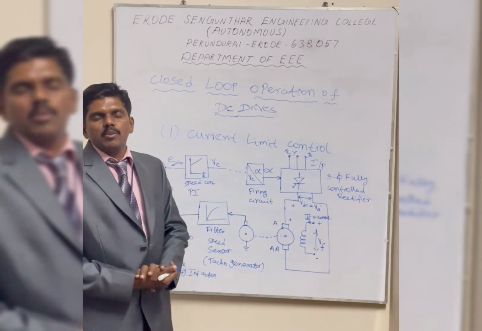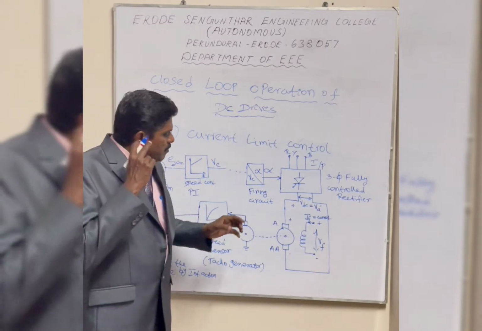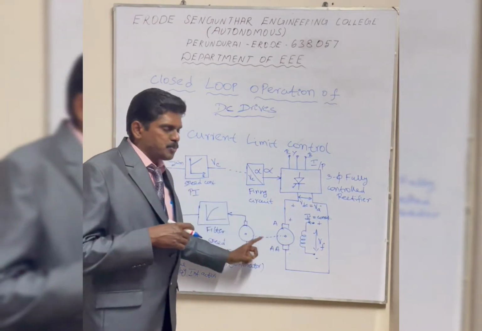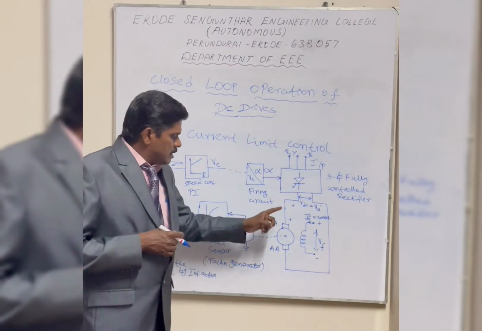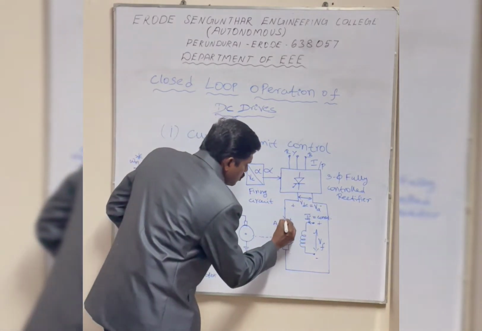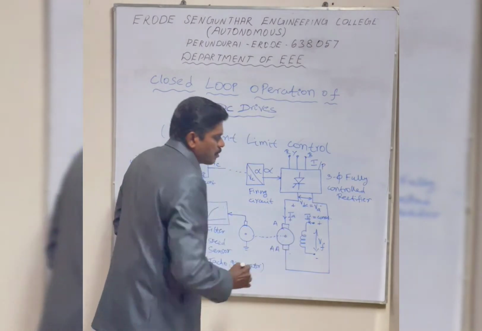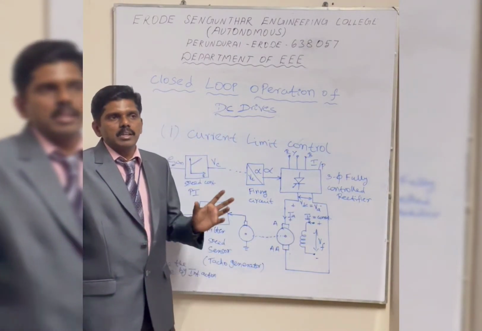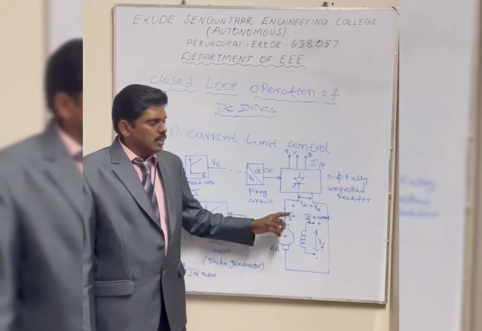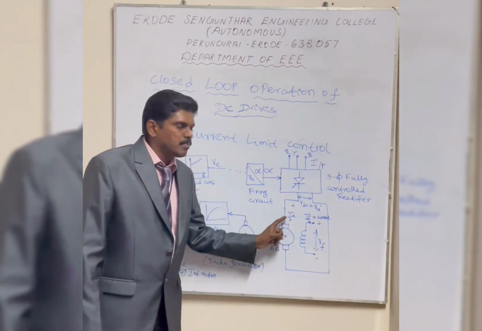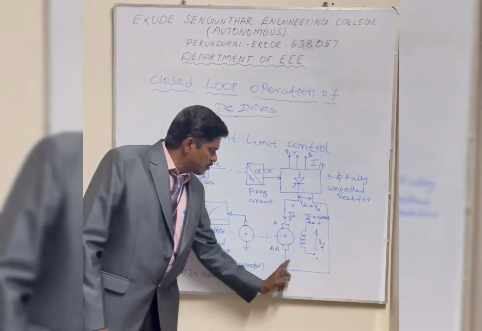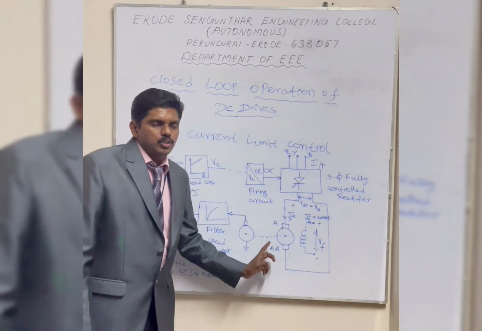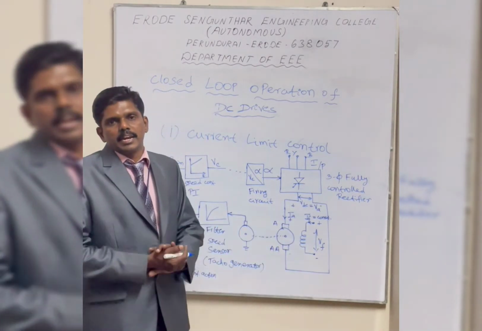Whenever we are operating the speed control, the armature current should not exceed the permissible value. What is the permissible value? That is the rated armature current. So the rated current has to be maintained; the operation of the DC motor should be below the rated current.